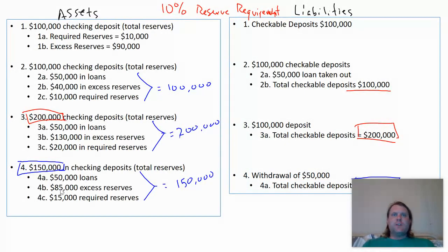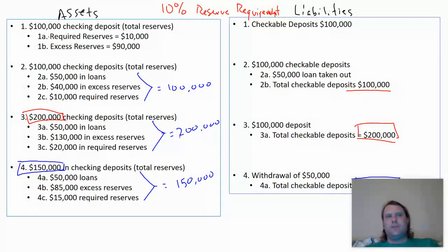All right, so we're going to go through this halfway through the book, looking at some different transactions that a bank is going to experience. We start out here with a 10% reserve requirement. That's something we're always going to need to find first.